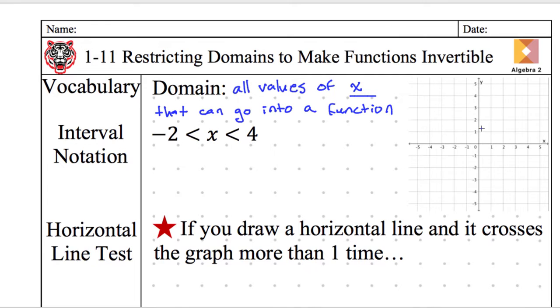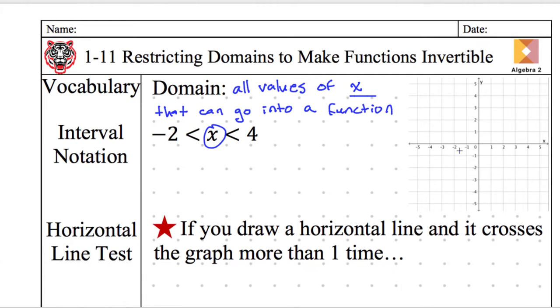So if I come out here on the x-axis to -10, I won't have anything that intersects the y, or the curve of the function. All right, this is an example of notation. Here, x, the domain, is being restricted by -2 and 4. Specifically, x is greater than -2, which means x can't be less than -2.